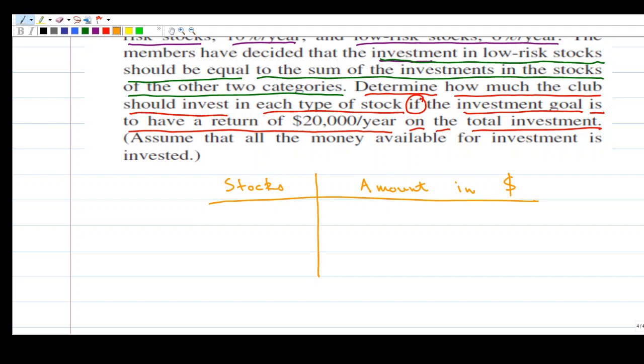There are three types of stocks: high risk, medium risk, and low risk.